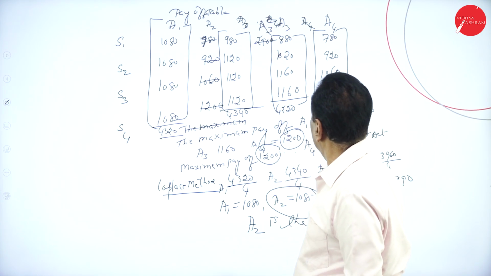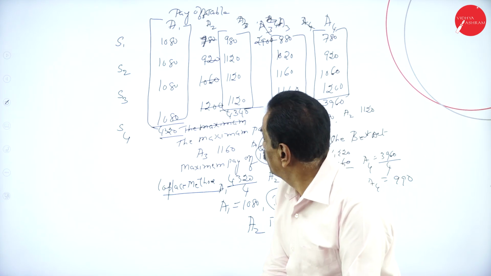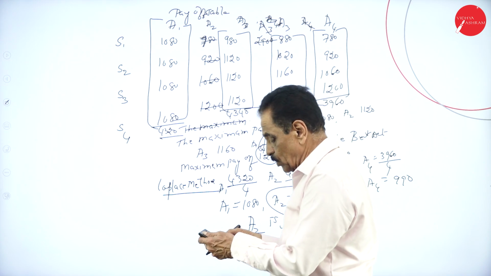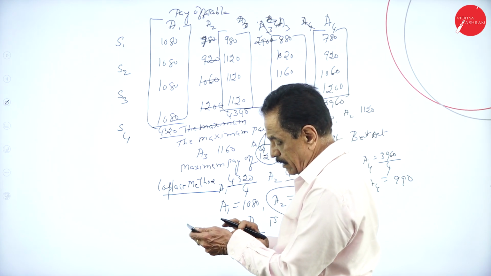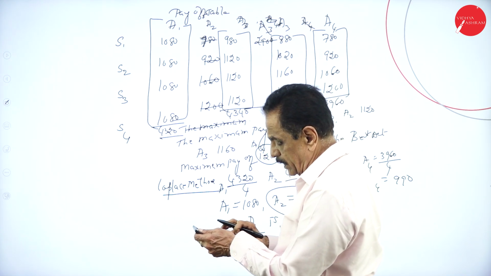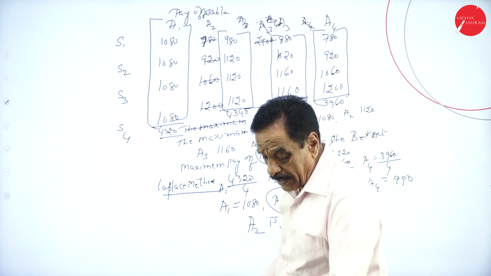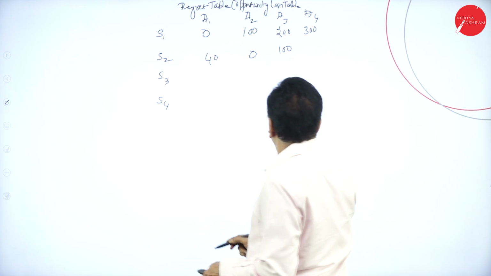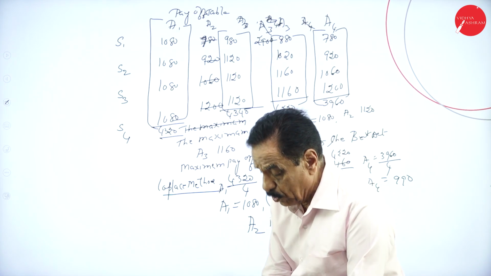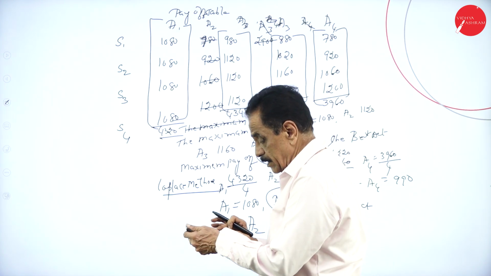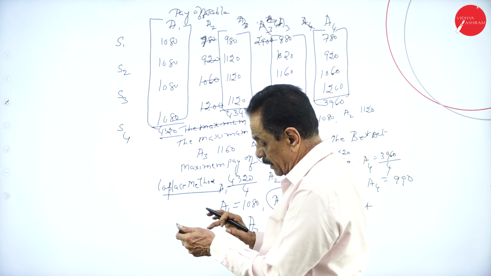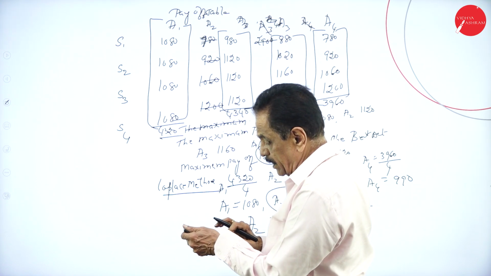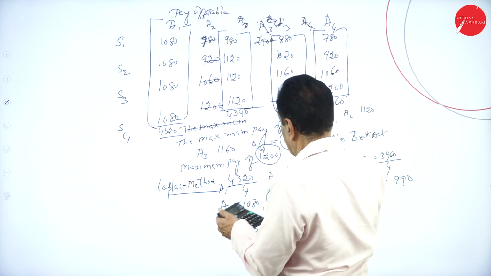A3, 1020. So 1120 minus 1020, 100. Last one, 1120 minus 920, 200.